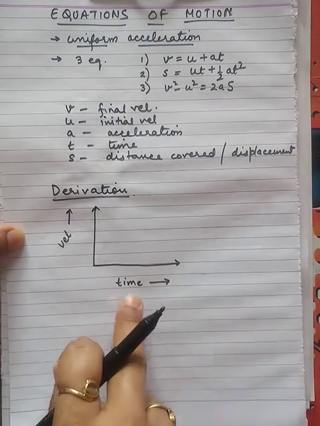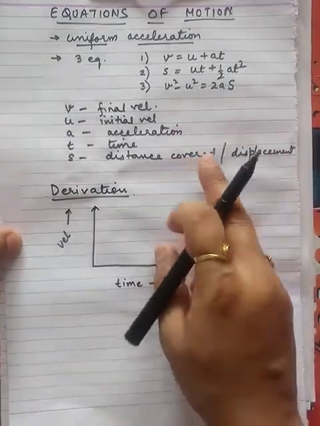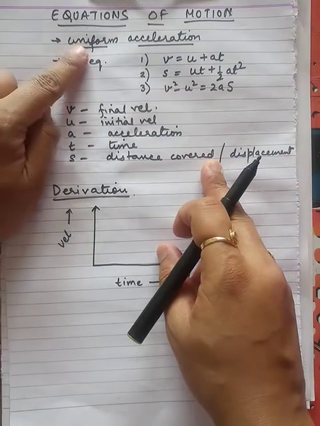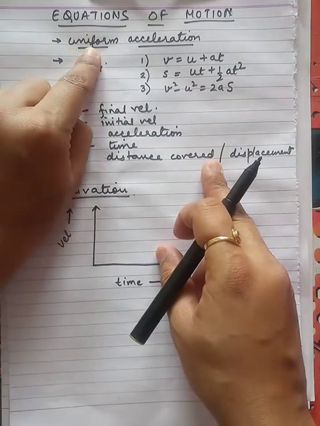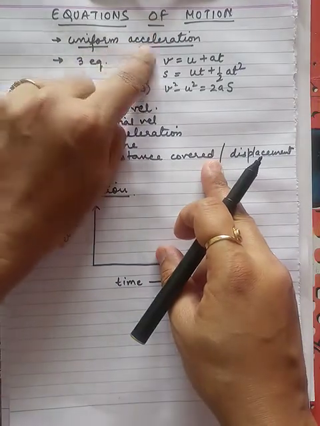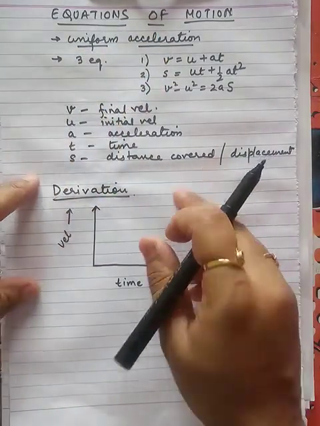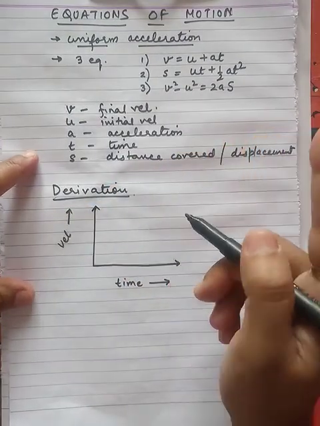Right? Now in this kind of graph, we will take the graph for uniform acceleration, because we have understood in the beginning that I told you the equations of motion are applicable only for the uniform acceleration. So we will consider a graph for the uniform acceleration. So how is the graph for uniform acceleration?